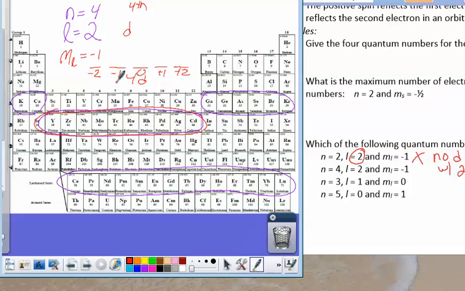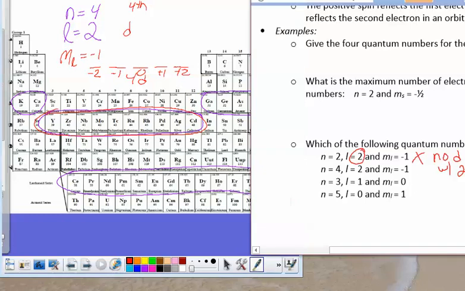It doesn't tell me a spin, but I'm assuming I'd be able to have it. So this one would get a green check mark because it is possible. So that one is possible to exist. That's why I like to use the periodic table to help me. You just have to remember where 4D starts because it's a little bit different, and where 4F starts because it's a little different.